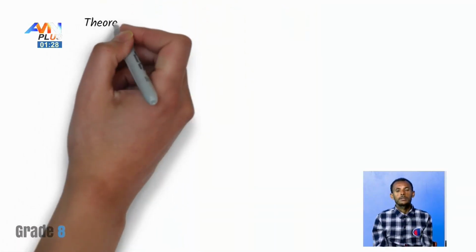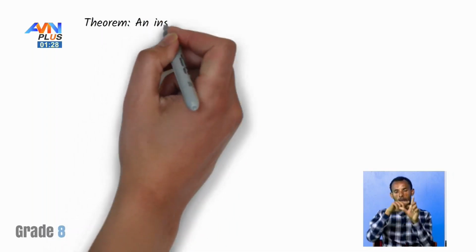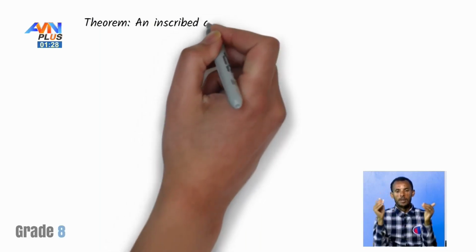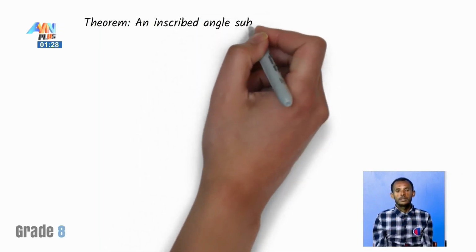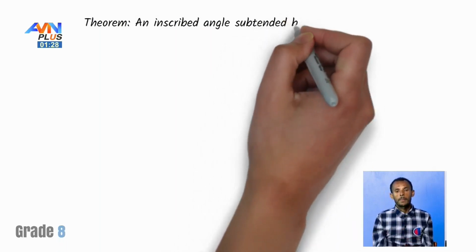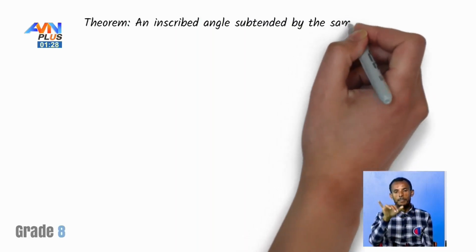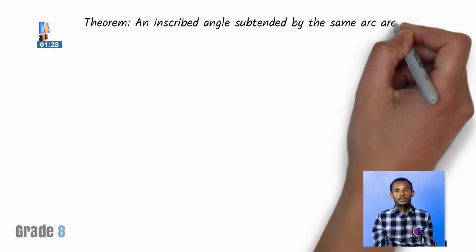The second theorem that we have for today is: angles subtended by the same arc are congruent, okay?